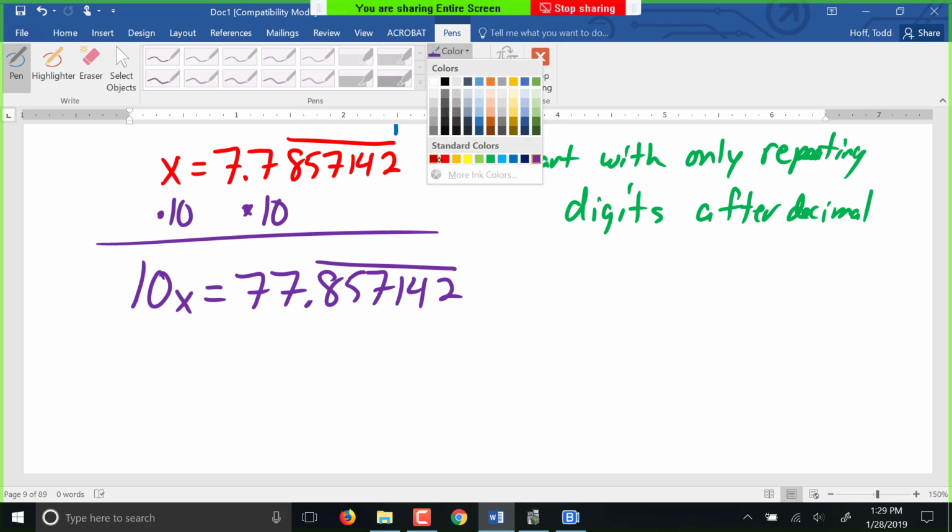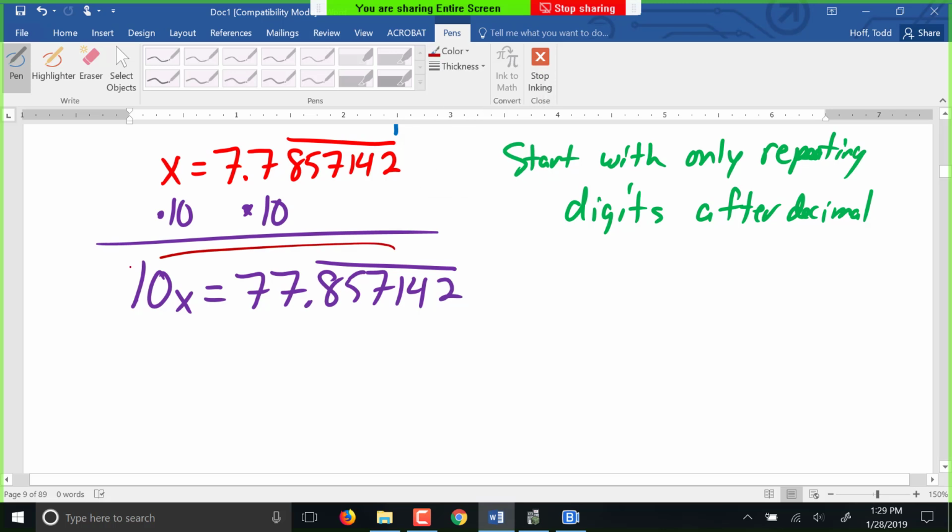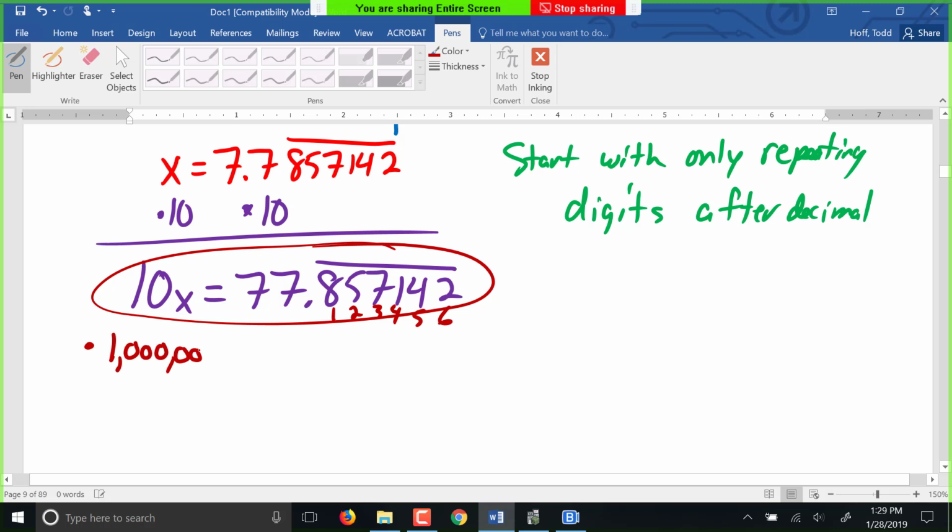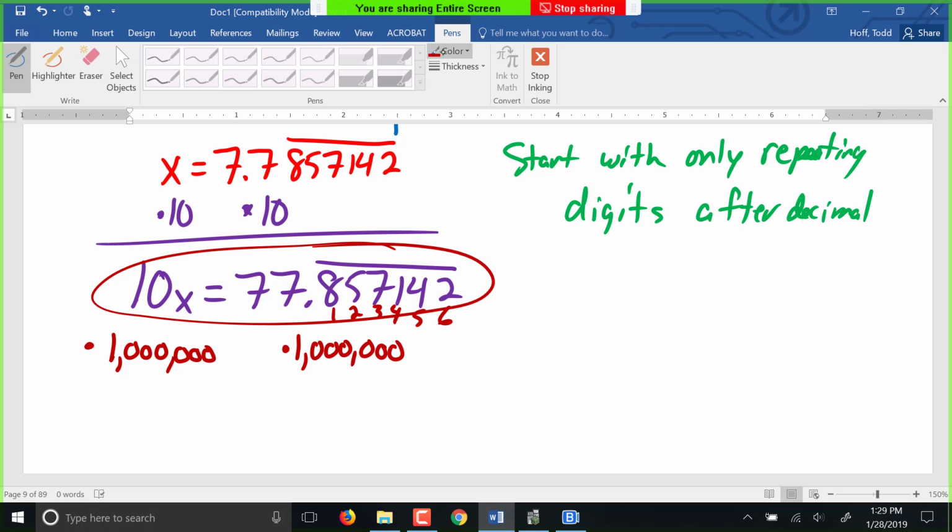Any questions so far? Okay. Now we can start to convert the repeating part. How many digits repeat here? 6, which means we have to multiply by something with 6 zeros, 10 to the power of 6. So it's really multiplying by 1 million.